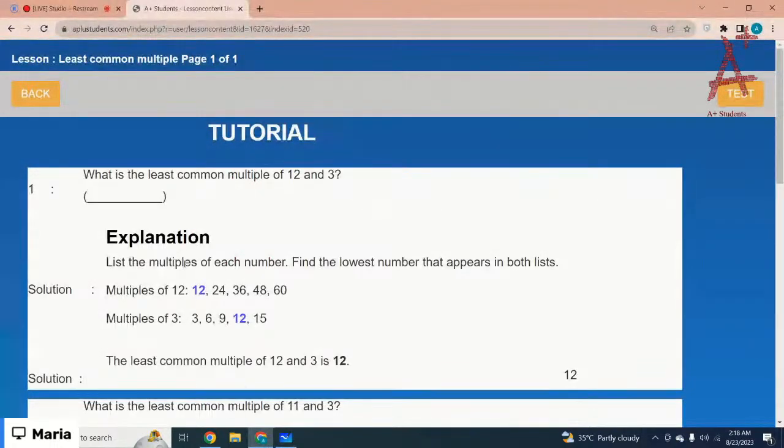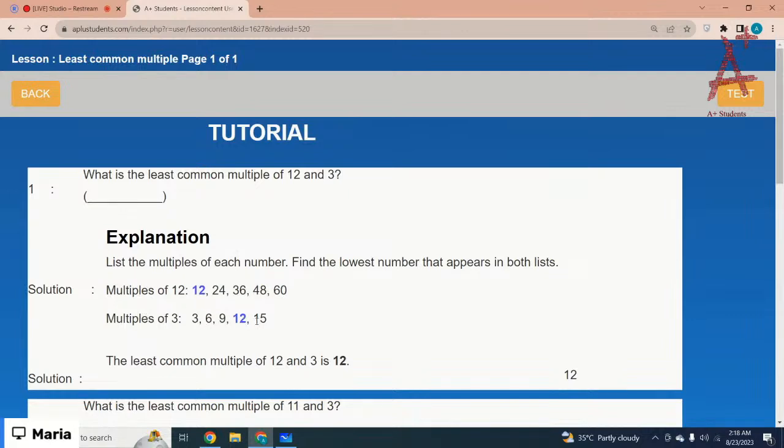List the multiples of each number, find the lowest number that appears in both lists. So you have to write down the multiples of 12, right? So just multiply. The multiples of 12 are 12 times 1 is 12, 12 times 2 is 24, 12 times 3 is 36. They are the multiples, right? Same way you have to write down the multiples of 3.